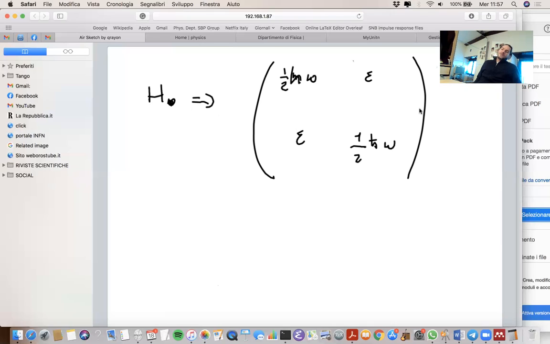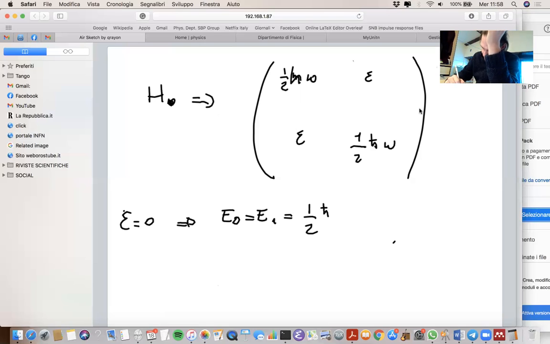In the limit in which epsilon goes completely to 0, I'm neglecting completely the overlap. It's like saying the barrier goes to infinity. Then I have two eigenvalues that are completely degenerate, and they both are equal to 1/2 h bar omega. So in the limit when epsilon is equal to 0, E1 and E0, the first two eigenvalues, are degenerate, and they are both 1/2 h bar omega.